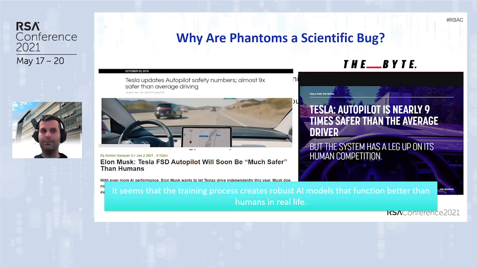However, it seems that in the context of autonomous driving, the training process creates robust AI models that function better than humans in real life. You can see the articles in this slide were taken from about 2 years ago. Tesla's autopilot was considered 9 times safer than the average driver.